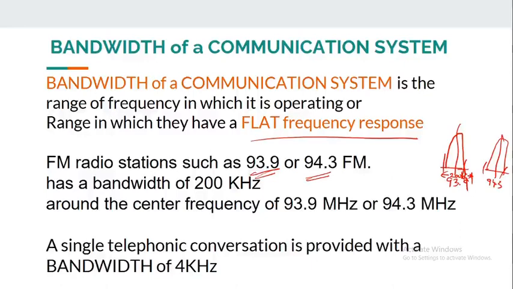Similarly, another example is a single telephonic conversation. From very early classes onwards, you might have heard that our audio frequency range is from 20 Hz to 20 kHz. Now we will see what it actually means. It means that if a voice audible to us is broken into components, those components will be within the limit from 20 Hz to 20 kHz.